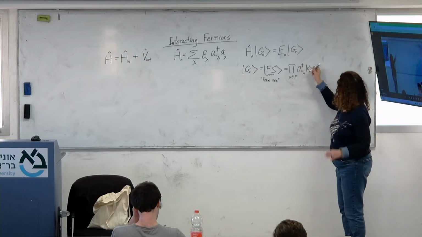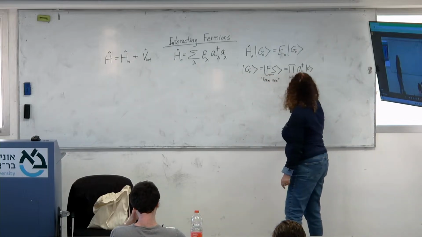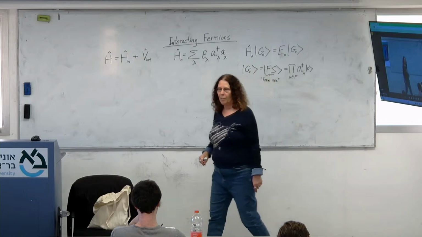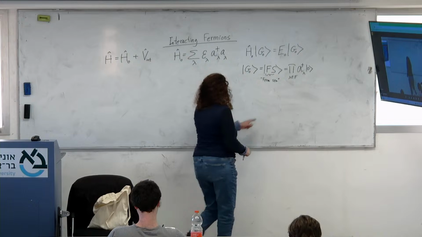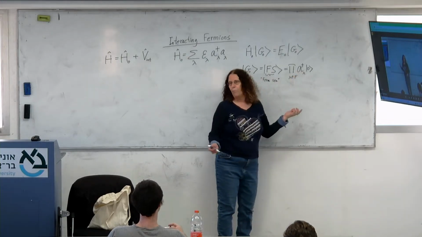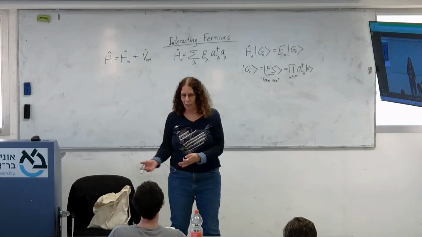This 0 here is the empty vacuum. And you see that I only have one power of any creation operator for each lambda because these are fermions. Okay, and we know that A dagger lambda square is 0.